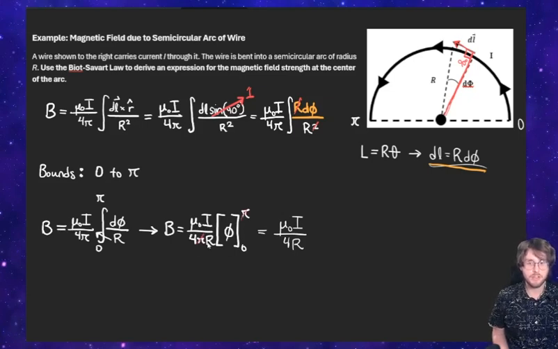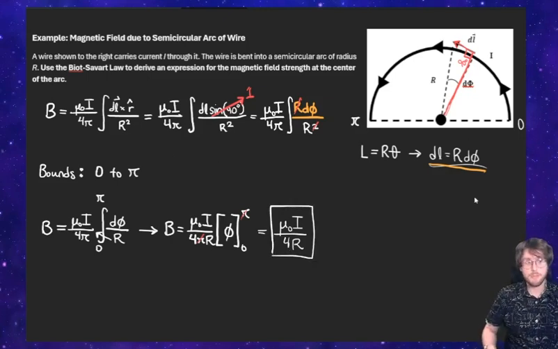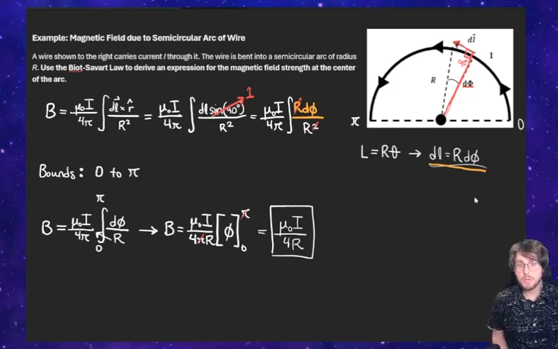So this right here is our final answer. This would be the magnetic field strength at the center of a semicircular length of wire. Pretty cool, pretty simple, despite how much I've hyped up the Biot-Savart law being scary.